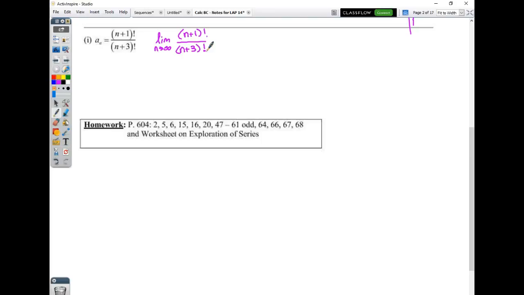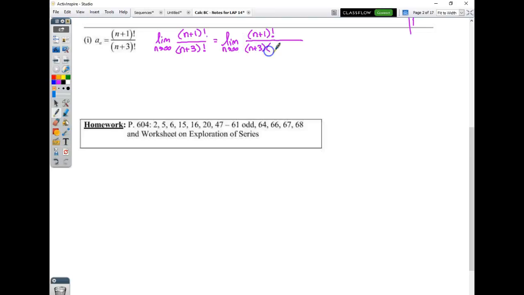Just to be able to look at that, does n plus 3 really wind up with that much larger of a value? So what we want to do is make sure that we can remember how to manipulate a factorial. N plus 1, we're going to leave as n plus 1. N plus 3, though, I can modify that, because n plus 3 is my first multiple, isn't it? Yes.